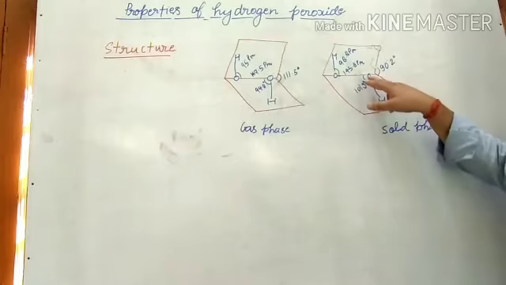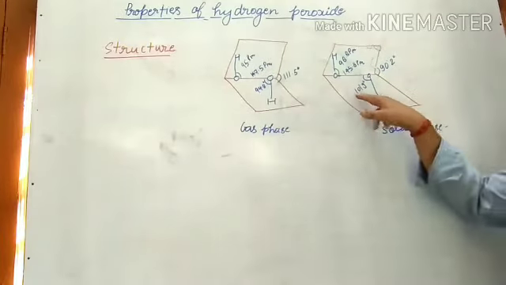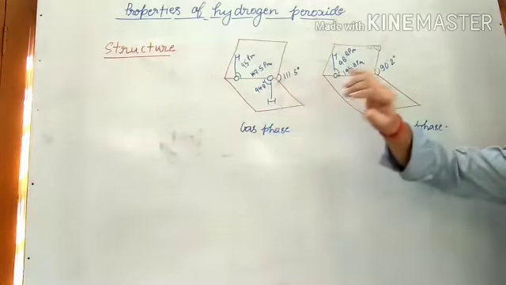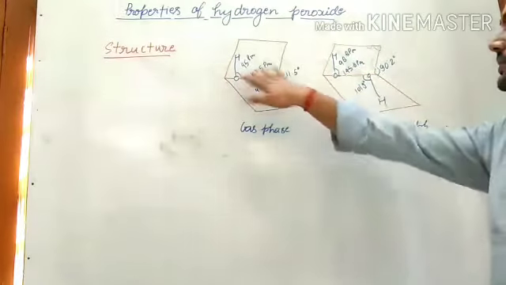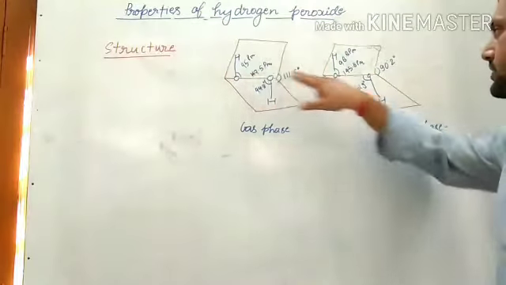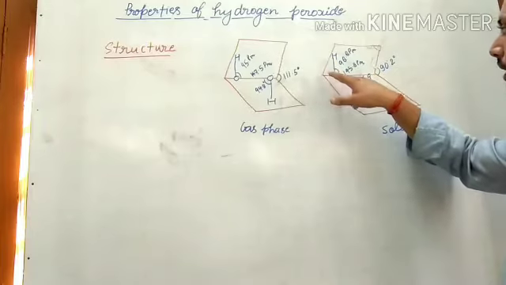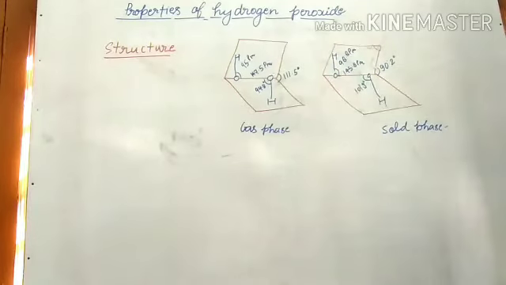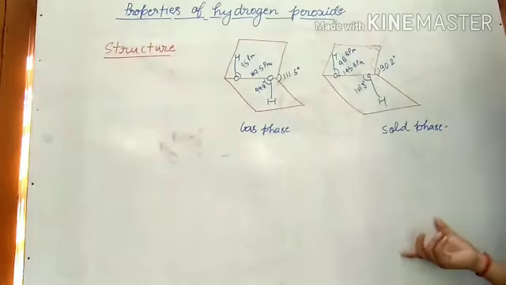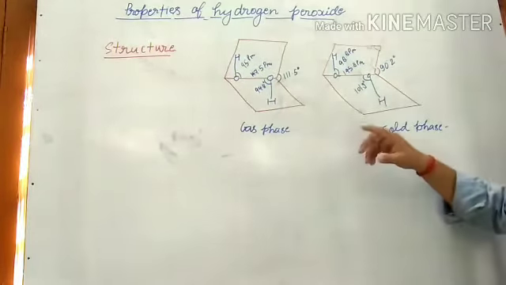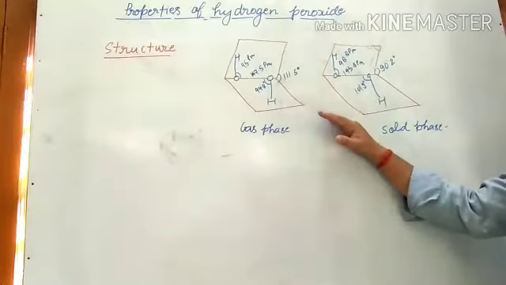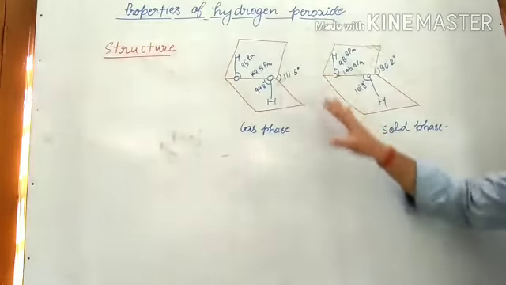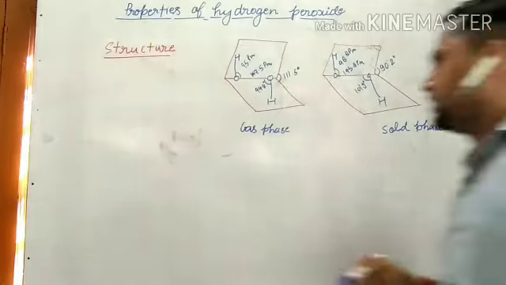You may see this bond angle is 94.8. The bond length between oxygen and oxygen is 147, here 145, and the bond length between oxygen and hydrogen is this. So in the gaseous phase and solid phase the structure is like this. We can say it has an open book structure.